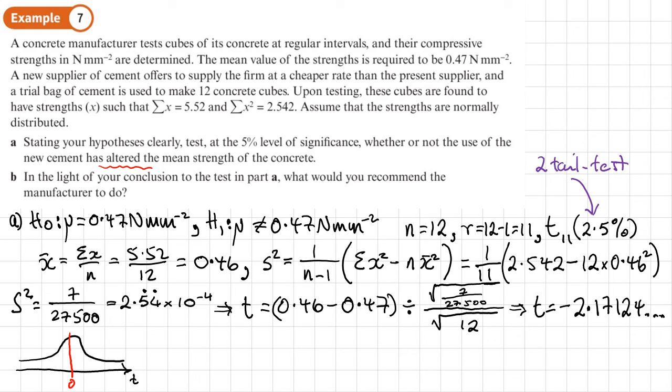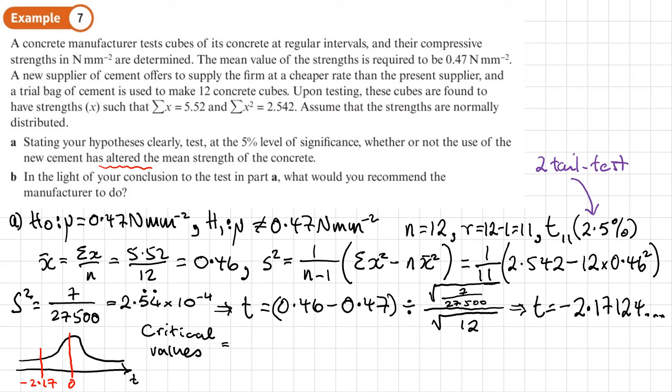So here comes my diagram, my t distribution with 0 in the middle, and my critical values, which I haven't looked up yet, but I have worked out my actual value, and that's going to be minus 2.17. So if I go back to this part here and work out my critical values from the table, so 11 degrees of freedom, 2.5%, and I get 2.201.